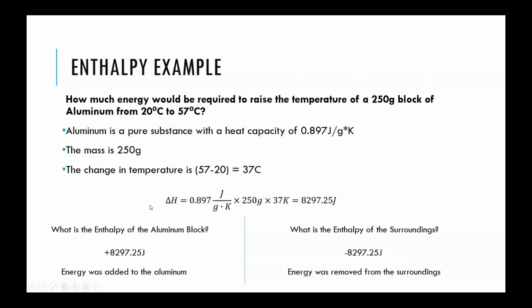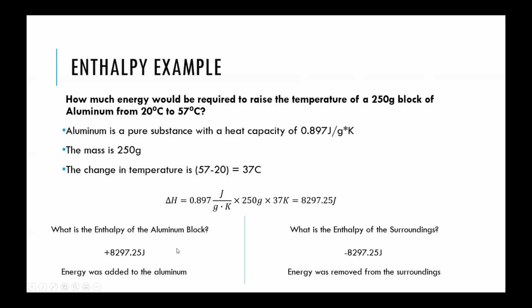So when you multiply all of these three things together, you end up with the answer of 8,297.25 joules. This is how much energy exactly would be needed to raise the temperature of a 250-gram block of aluminum from 20 degrees Celsius to 57 degrees Celsius.